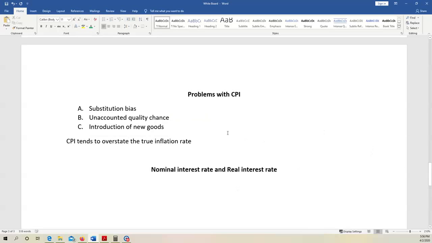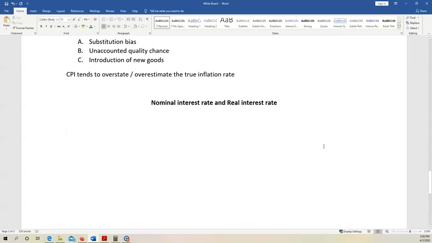So that's why they are the major problem with CPI. And overall, CPIs tend to overestimate or overstate the true inflation rate.